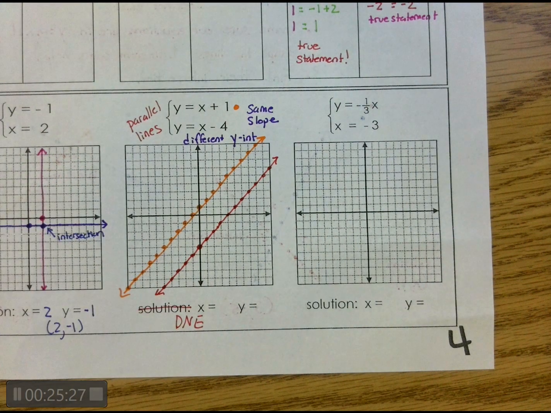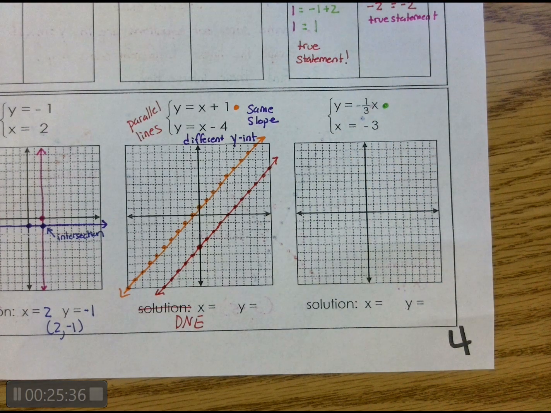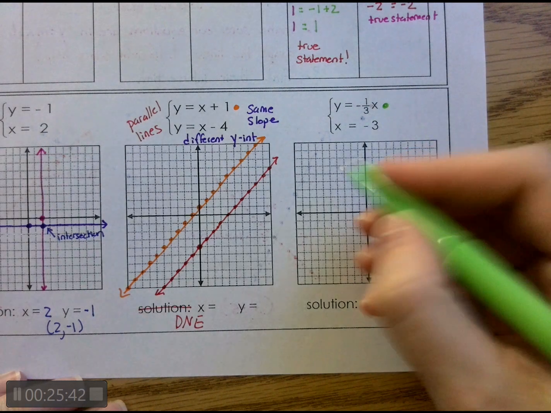Okay, y equals negative 1/3 x, and x equals negative 3. So this time, our y-intercept is 0, because remember, if there's not a number, it's 0.